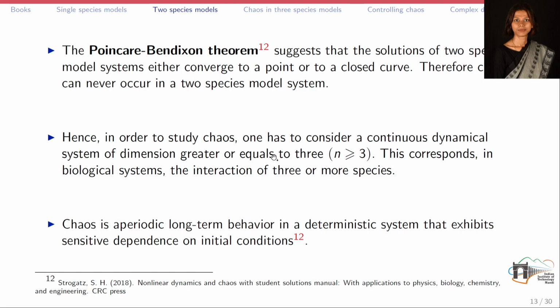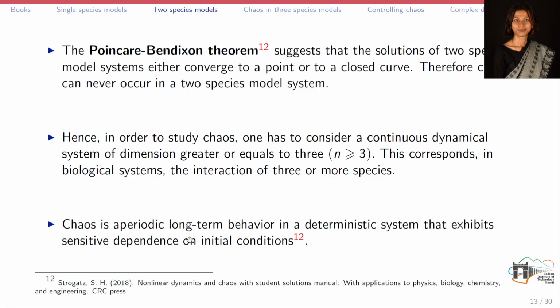First of all, chaos is an aperiodic long-term behavior in a deterministic system which exhibits sensitive dependence upon initial condition. We must understand here that there is no well accepted definition for chaos so far, although people have tried to define it in a certain way, and this particular definition has been proposed by Steven Strogatz.